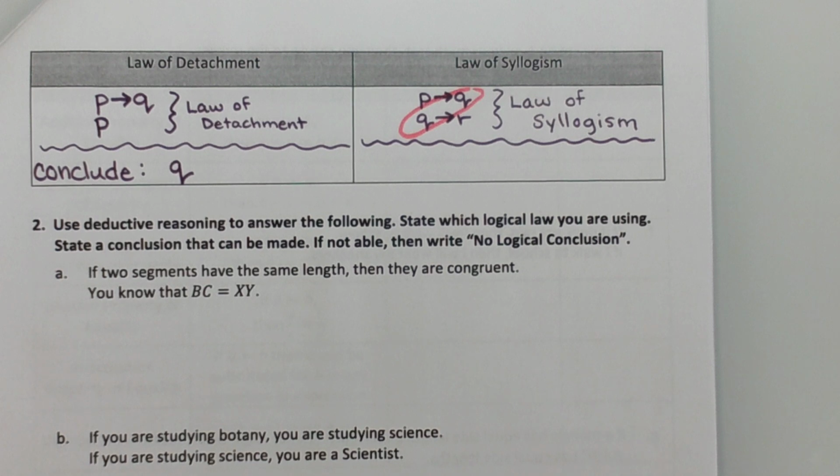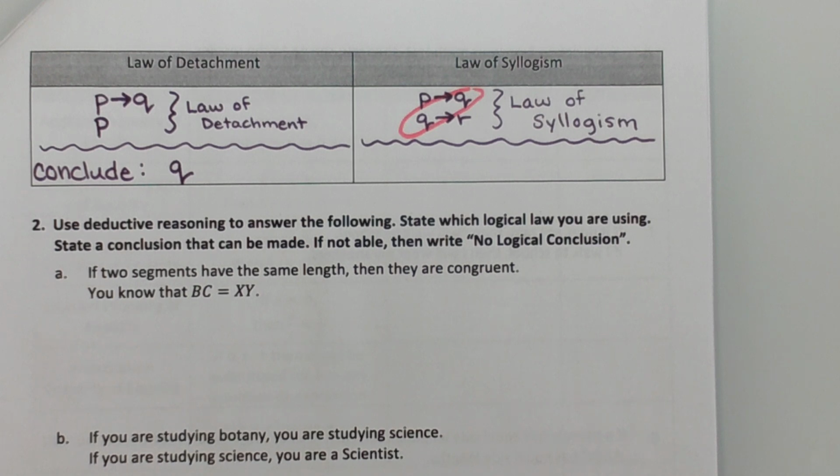You have two if-then statements, one of which has a hypothesis that matches the other's conclusion. Now again, it could be any letters. I could have done if A, then B, if B, then C. Those match, we're fine. I even can rearrange them.